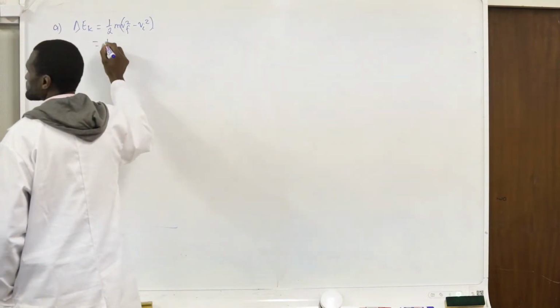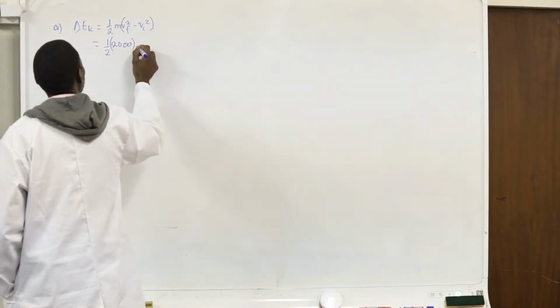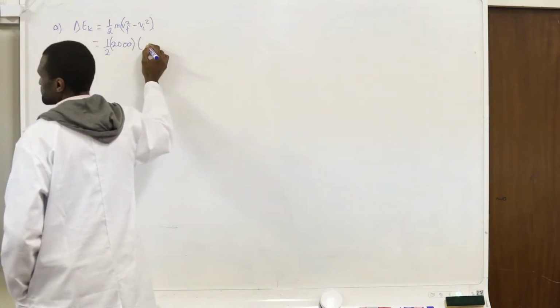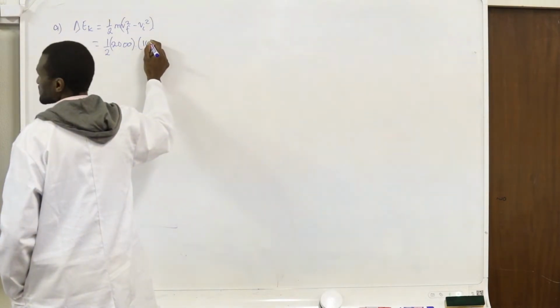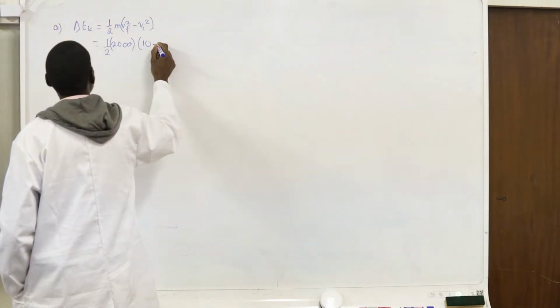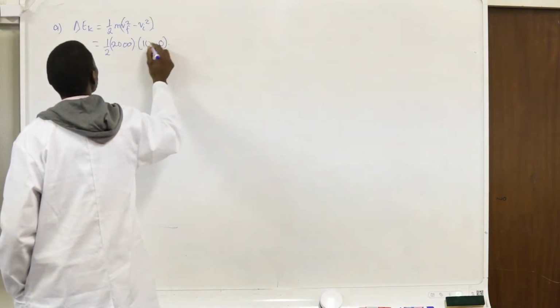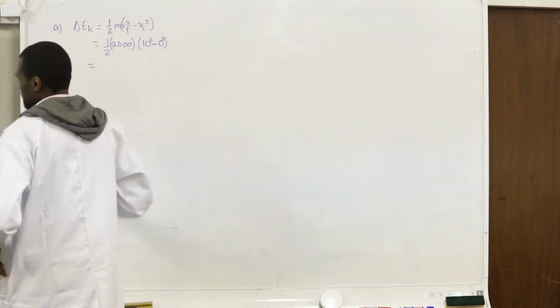Half of the mass of 2000 multiplied by the final velocity of 10 minus 0, 10 squared, 0 squared.